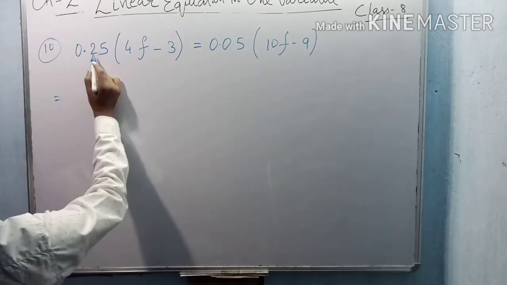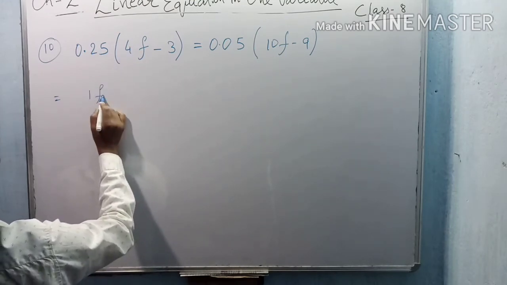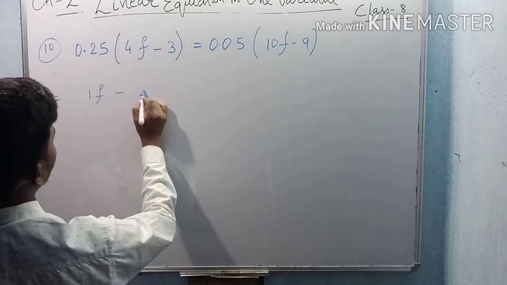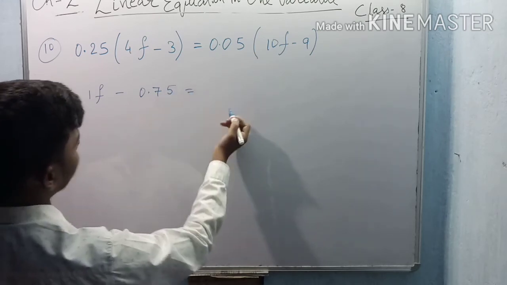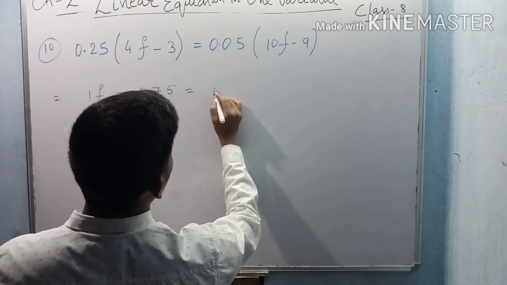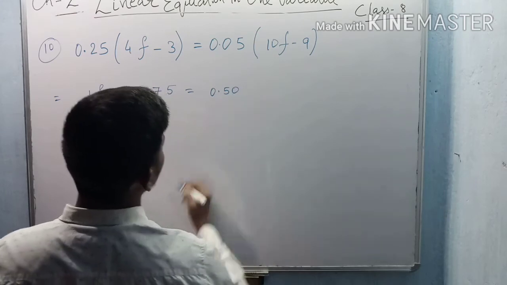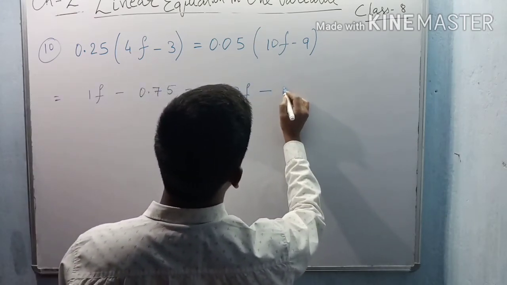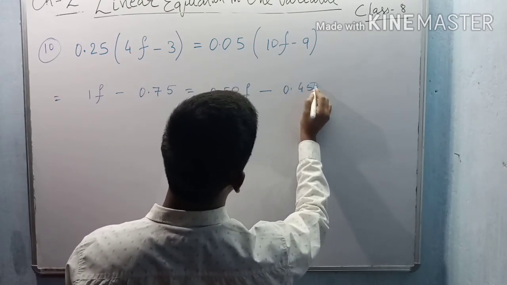Okay, 0.25 into 4 will be what? 1, means 1f, minus 0.25 into 3 is 0.75, equals 0.05 into 10f will be 0.50f, minus 0.45.